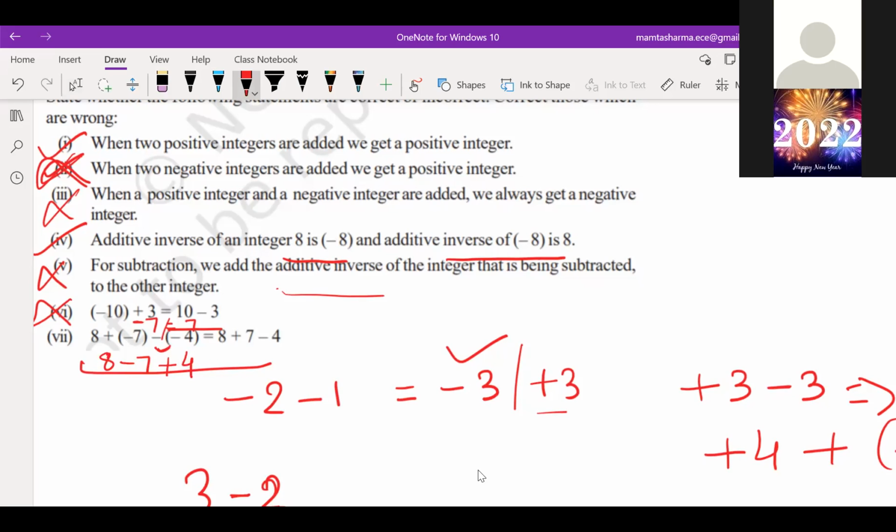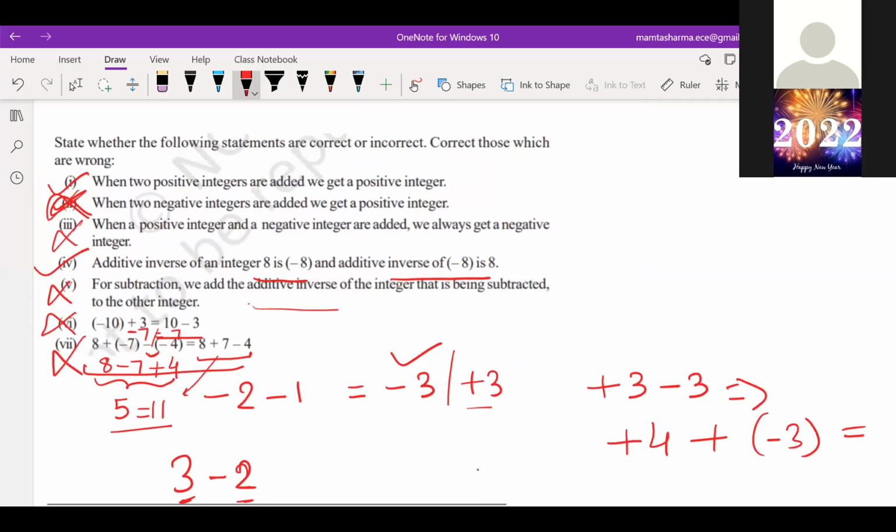So it equals 8 minus 7 plus 5. What would be the result after solving this? 5 is equal to 11, and the right hand side would be 11. Is it true? Yes, so this statement is false.